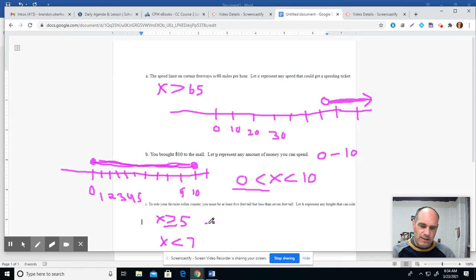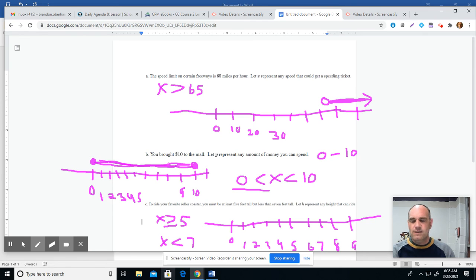Now, when I graph this, we're going to do our number line. I'm going to do 0, 1, 2, 3, 4, 5, 6, 7. Get some extra ones in here. I'll let you number these 2, 3, 4, 5, 6, 7, 8, 9. All right, so let's think about this.